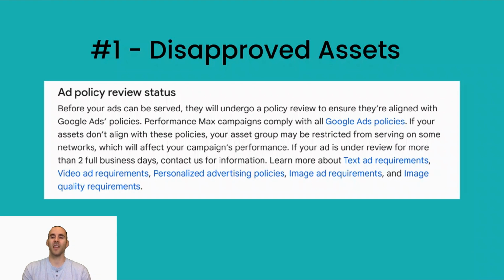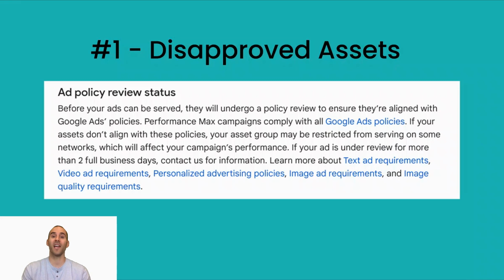Let's say for Performance Max, you had 3 headlines that you created. Now, if 2 of those headlines contain words that are flagged by Google systems and those assets are disapproved, that leaves you with 1 headline remaining. And based on the different formats that Performance Max shows your ad in across all of their different placements, they might require more than 1 asset to be able to show in one of those locations.